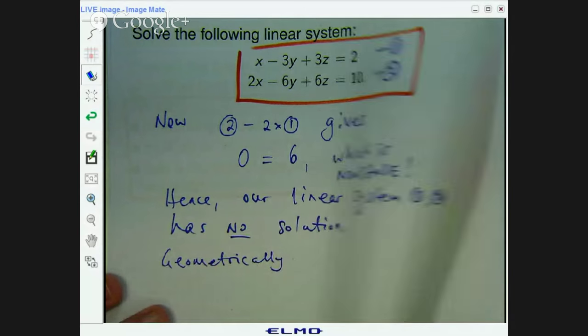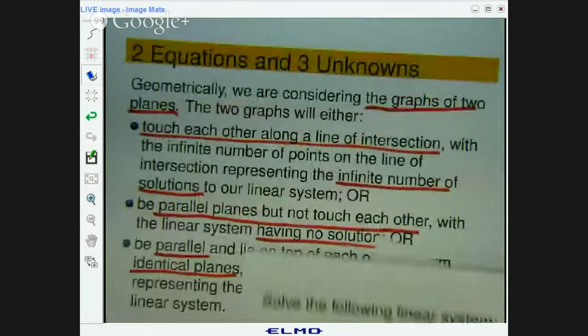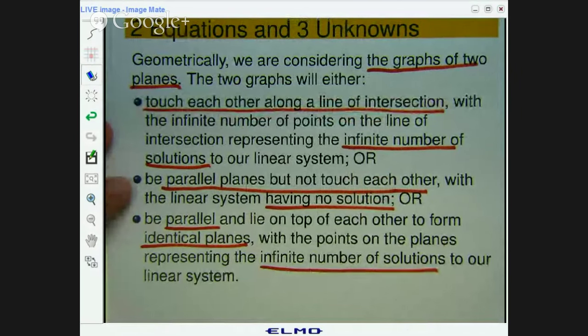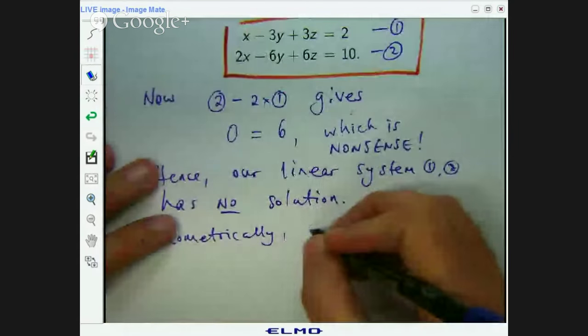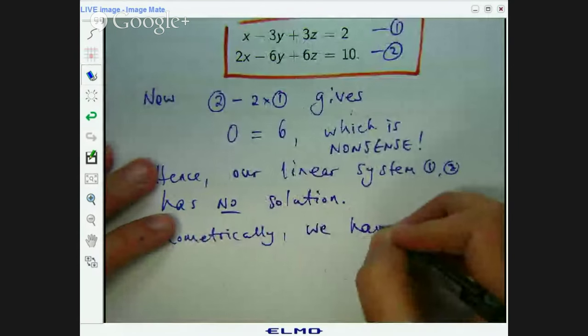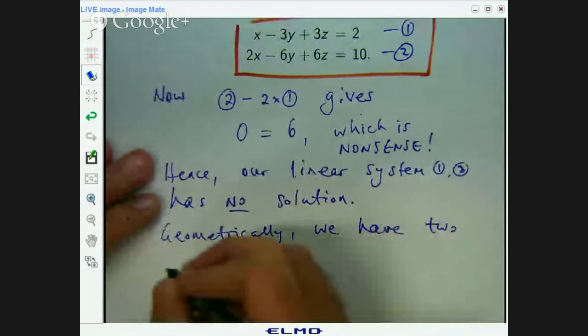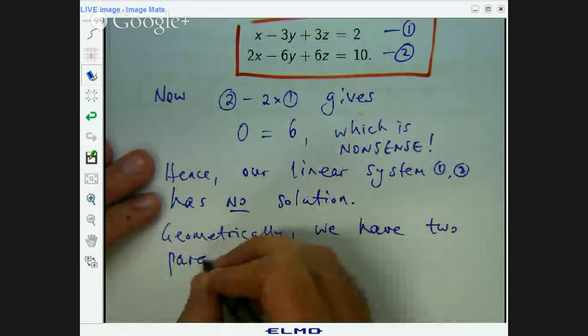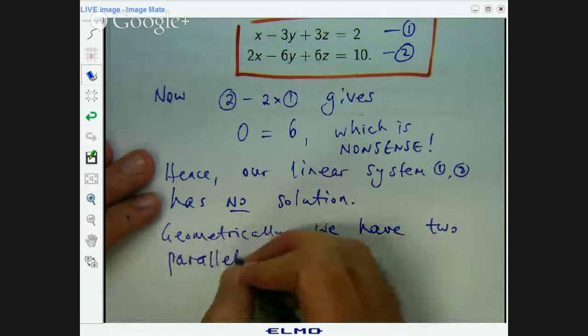We have the case 2 here. Parallel planes that don't touch each other. Okay. So that represents a plane, that represents a plane, but they don't touch each other.